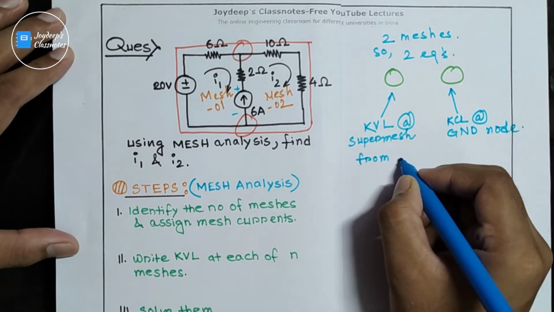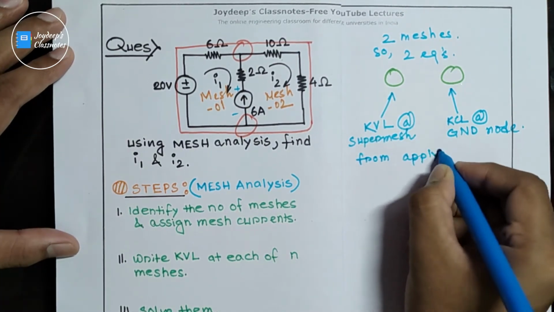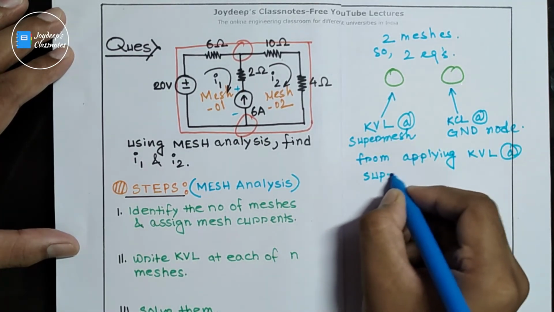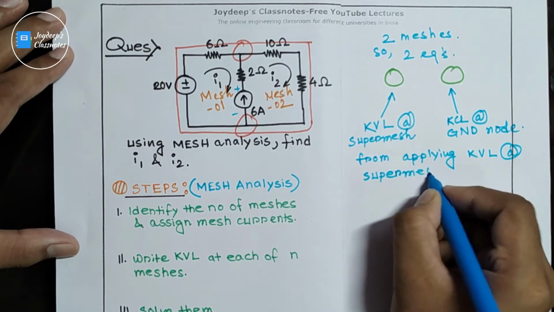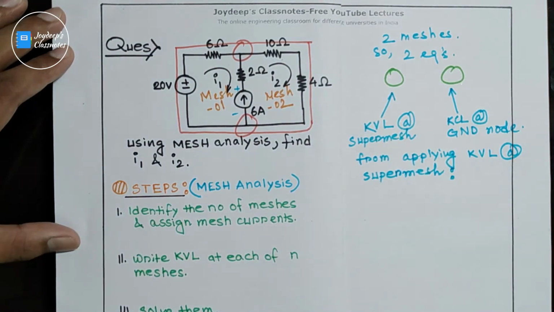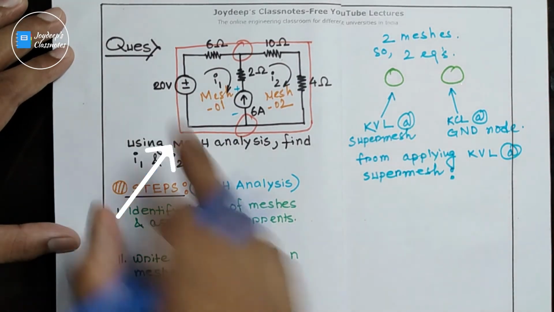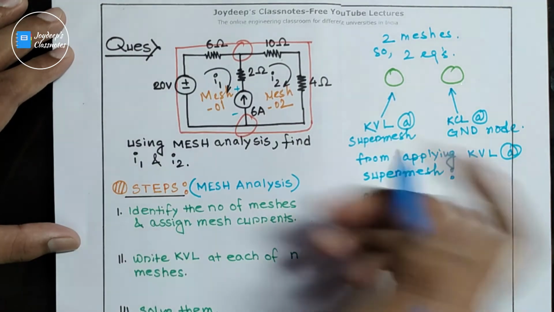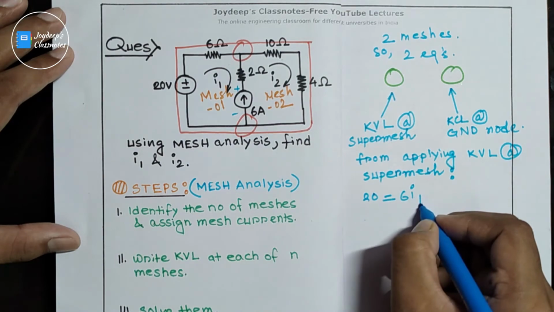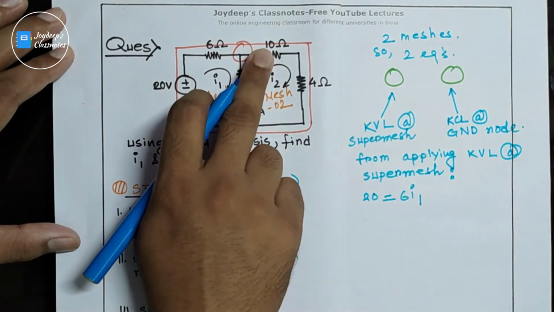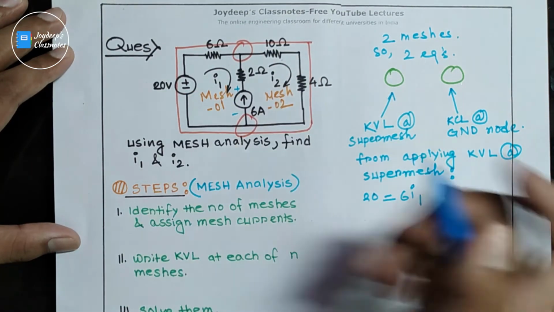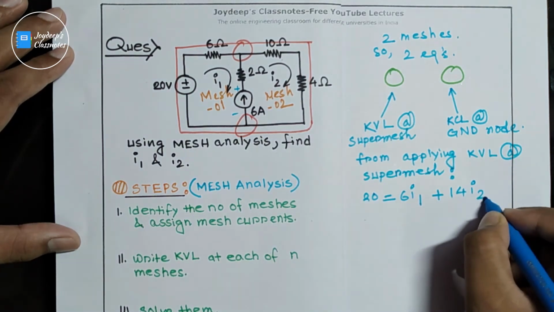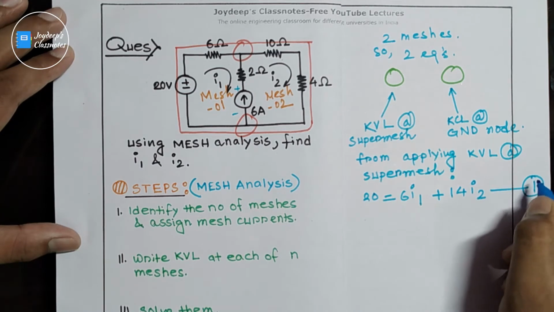So now from applying KVL at the super mesh, our equation will be 20 is equal to 6I1 plus 10 of I2 plus 4 of I2, that means 14 of I2 in total. So that becomes your equation 1.